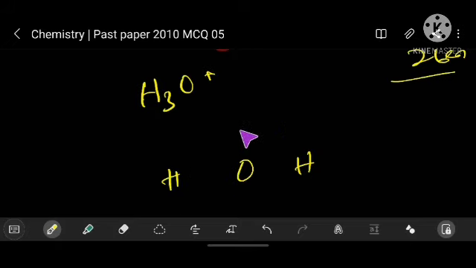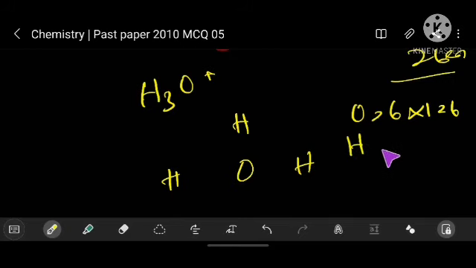So oxygen here, hydrogen, hydrogen, hydrogen. We have to count the total valence electrons. Oxygen has 6 into 1, that is 6. Hydrogen has 1. We have 3 hydrogens, so 1 into 3, and here you can see the plus. If we have a plus charge, then we have to deduct 1 electron.